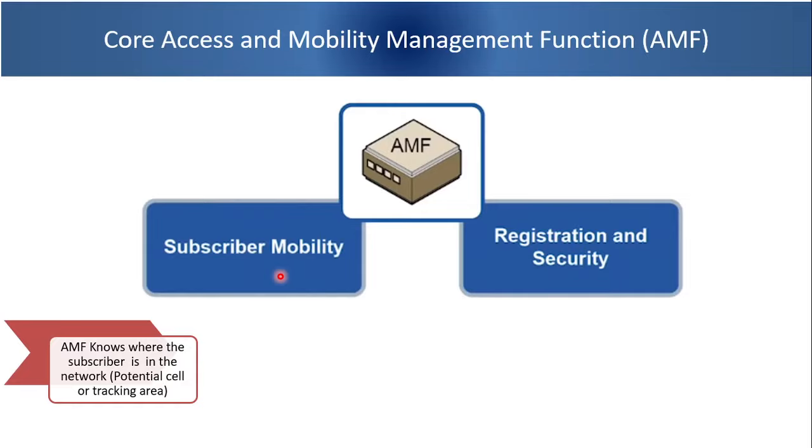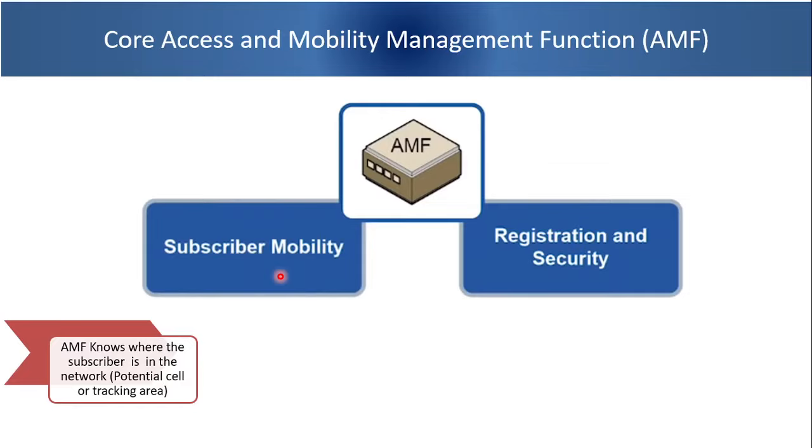In which cell the mobile is currently located is actually known to AMF, because only then will it be able to serve. And in case the device is not active, it may be idle. In that case also, AMF knows the tracking area in which the mobile is located.